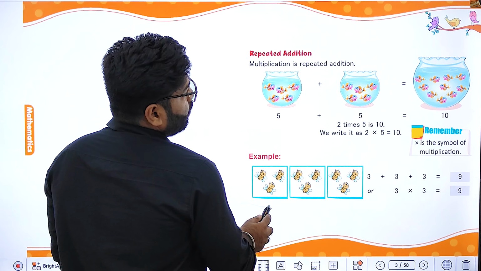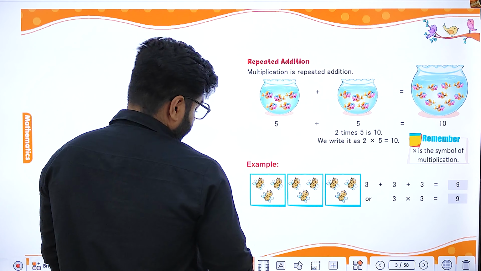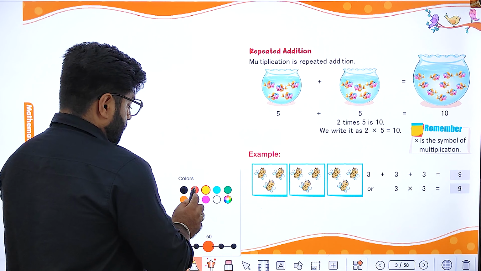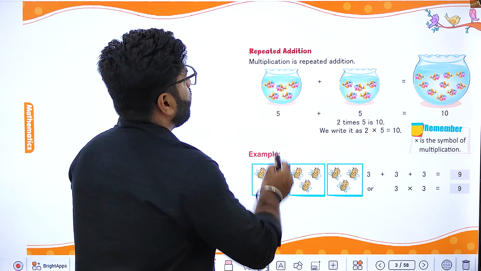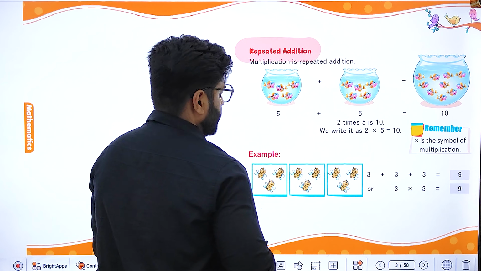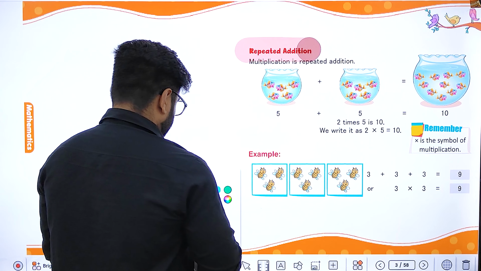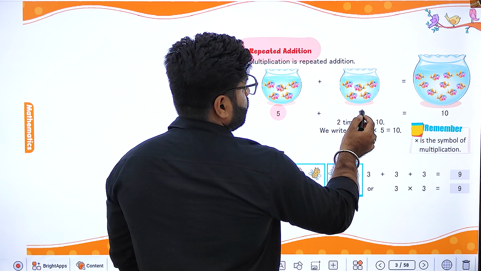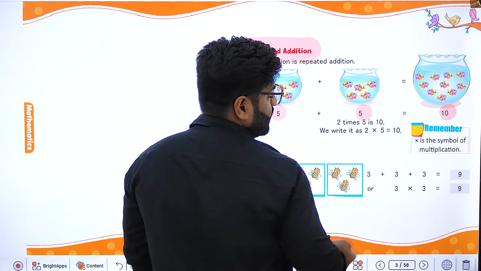So here we are having our first topic, that is repeated addition. When we have to add the same number many times, just like we have to add 5 two times, then 5 plus 5 is 10. It is easy.